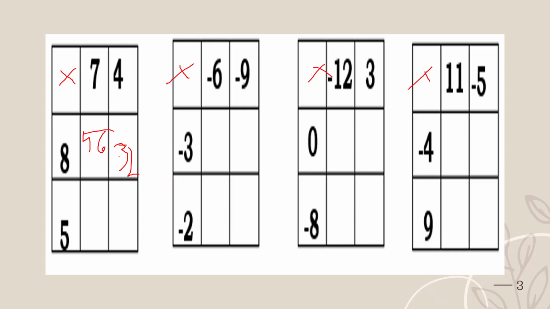Negative 6 times negative 3 is positive 18. Negative 9 times negative 3 is positive 27. Negative 6 times negative 2 is positive 12. Negative 9 times negative 2 is 18. And so on and so forth. So you can continue doing this, okay?